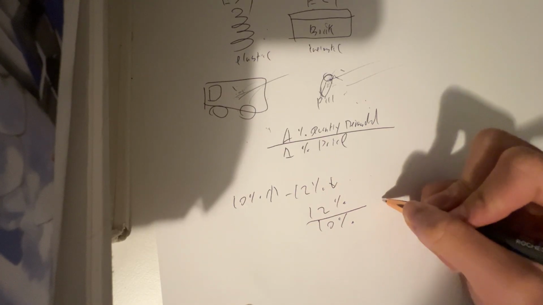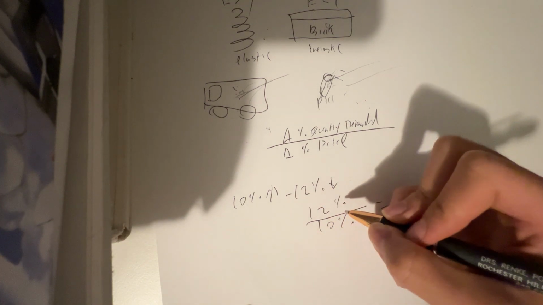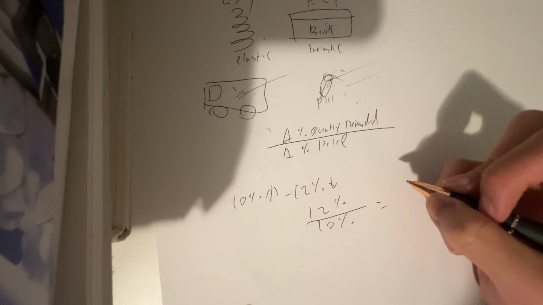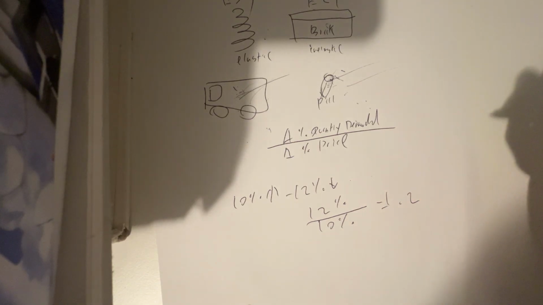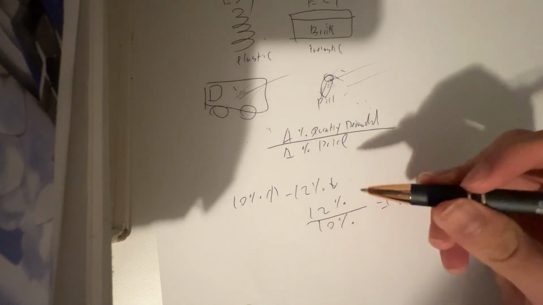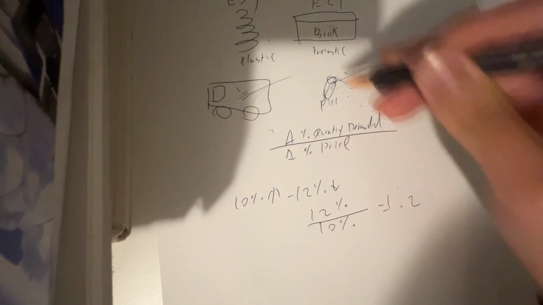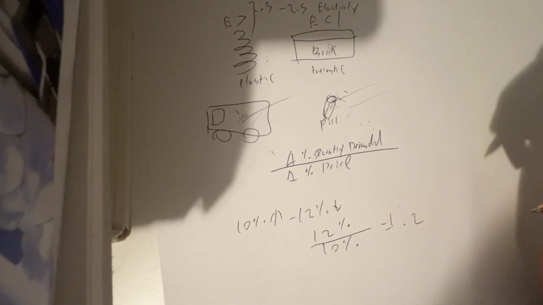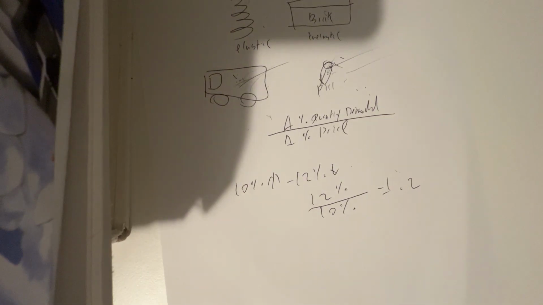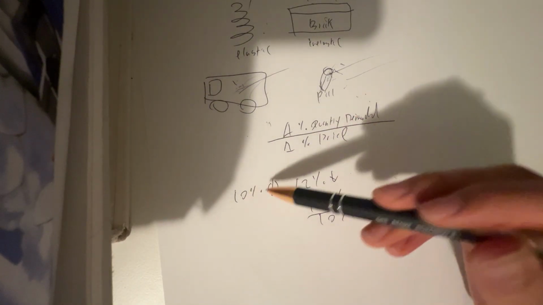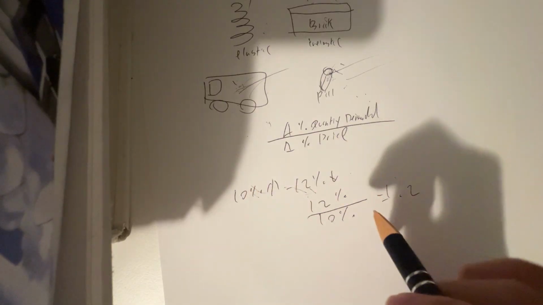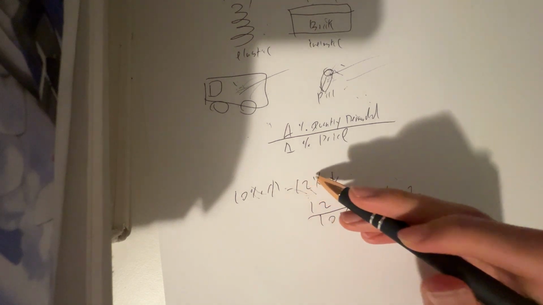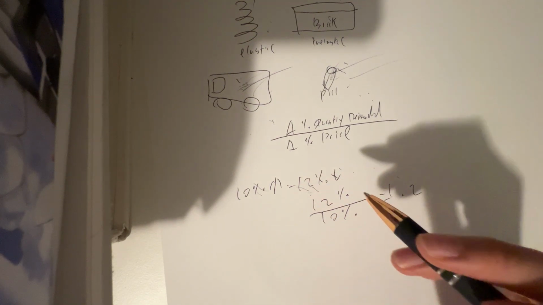This works out to be 12 divided by 10, around 1.2. See how it's greater than 1? That means that it is elastic. And you can see that it's elastic because of the change due to the change in price. The quantity sold falls by 12%. That's a change, right?